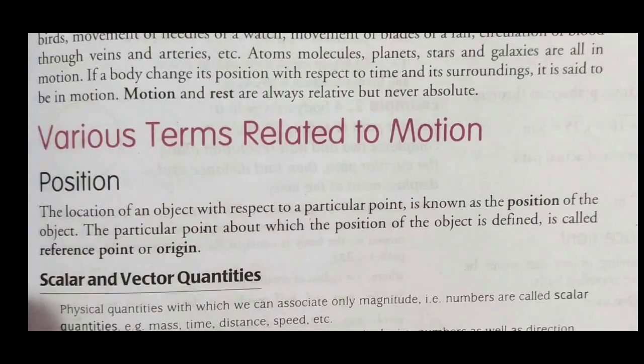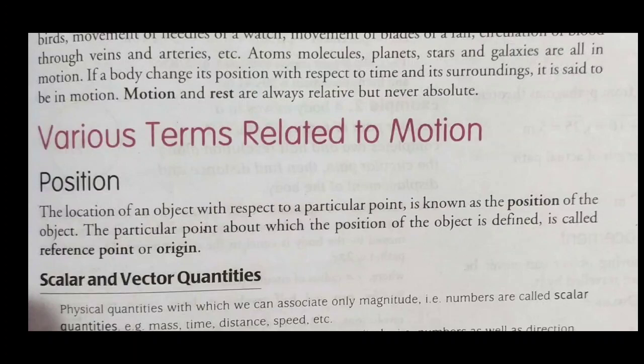Now, if I say that my school is located behind the temple, or in front of the temple, what is the reference point? The temple is the reference point, है ना, आपने एक reference point दिया कि temple के आगे, temple के पीछे. So the particular position with which we are describing the location of the object is called the reference point or the origin.